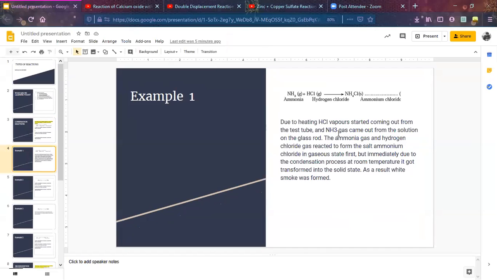And what will happen is NH4Cl will be formed, which is a gas, but at room temperature it condenses and you will see a very white smoke. Sir, I wish I could show you the video, but it is being very slow.